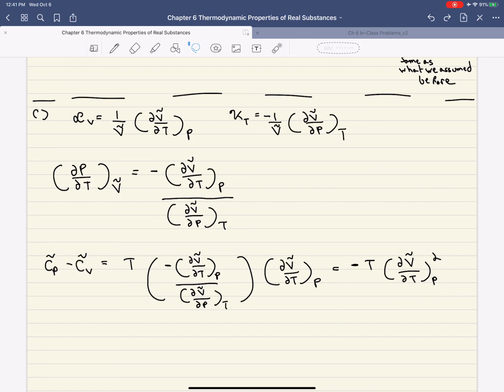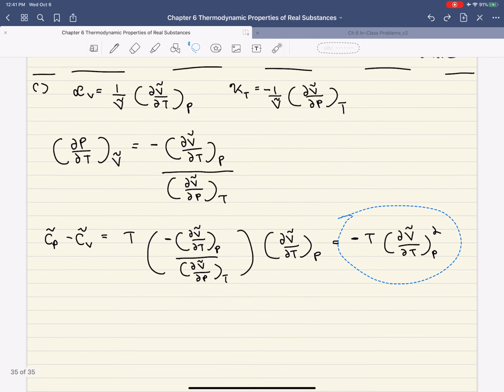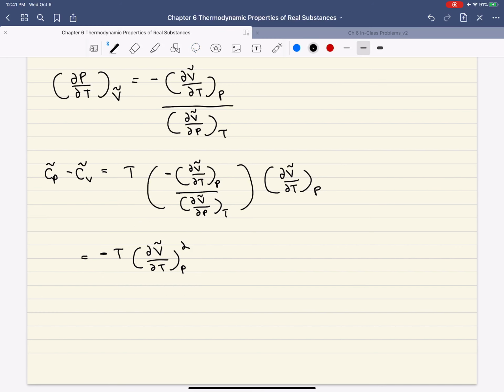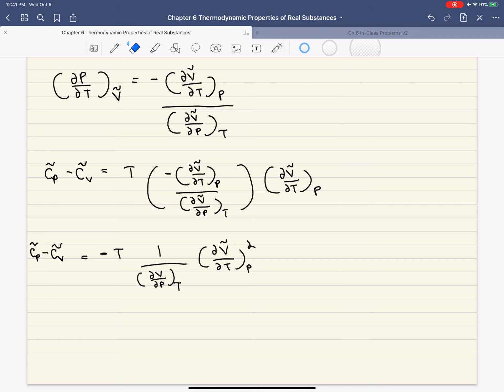let me move this down a bit so I have more room. Okay? All right, so we have our equation like this. In fact, I'm going to move the negative sign in here so it becomes even more obvious.